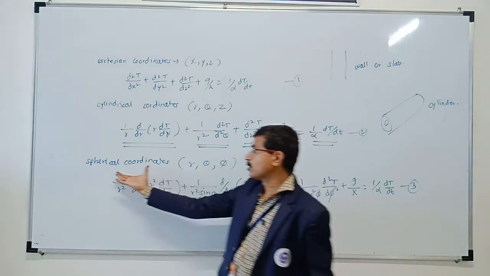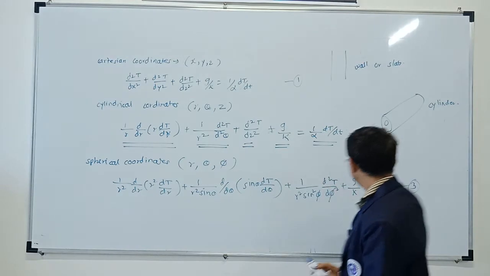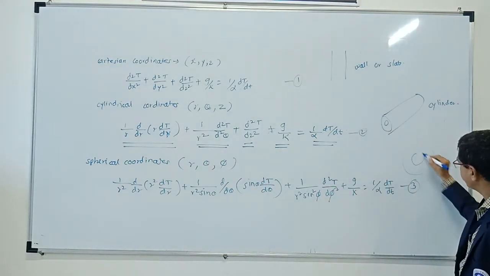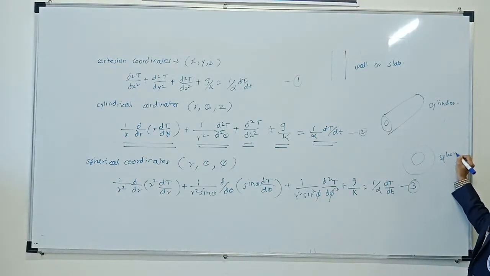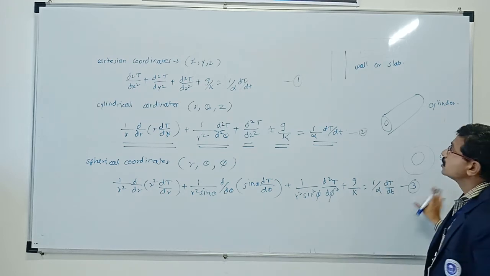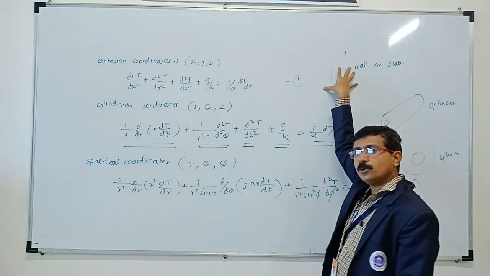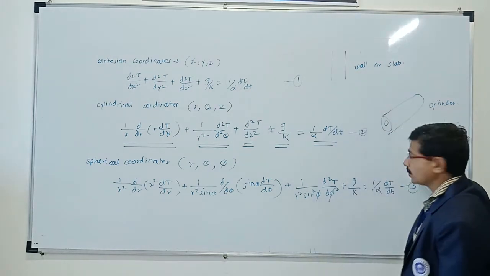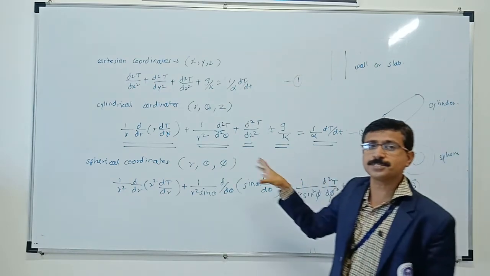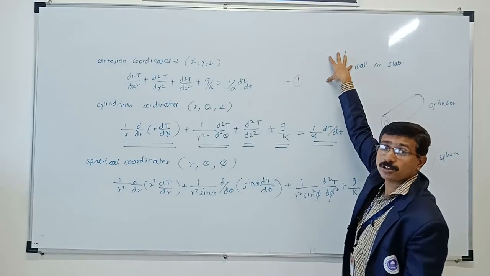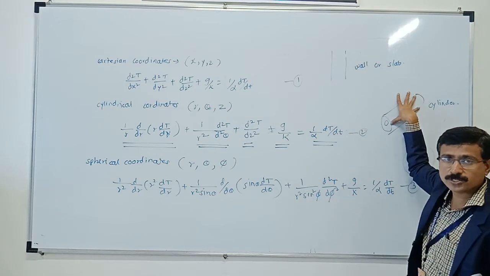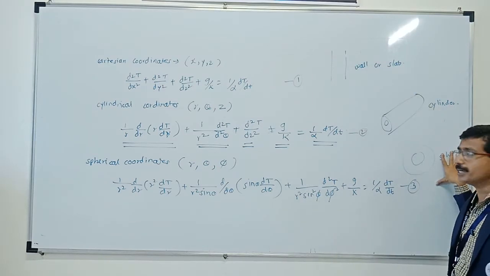And the spherical coordinate is generally used when there is a sphere, a hollow sphere or spherical situation. As I have already told, these are the standard forms. Most thermal systems are analyzed by considering them as a wall or slab, a hollow cylinder, or a hollow sphere.